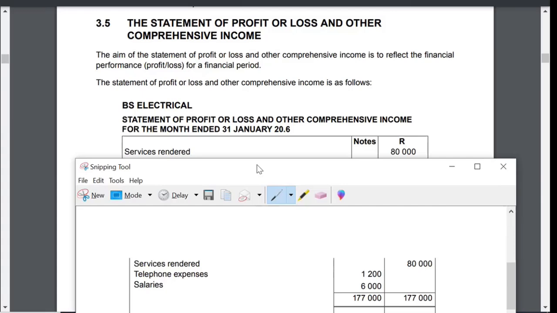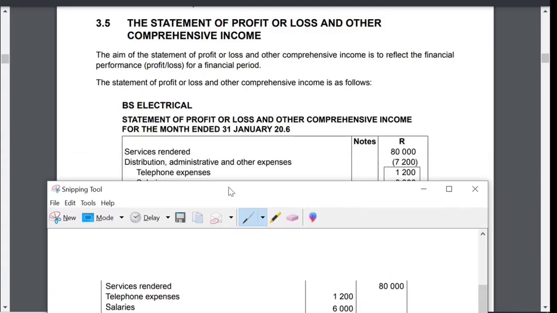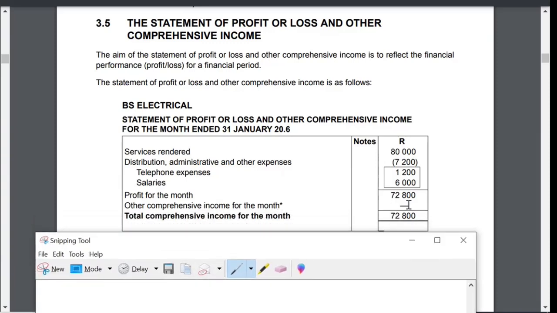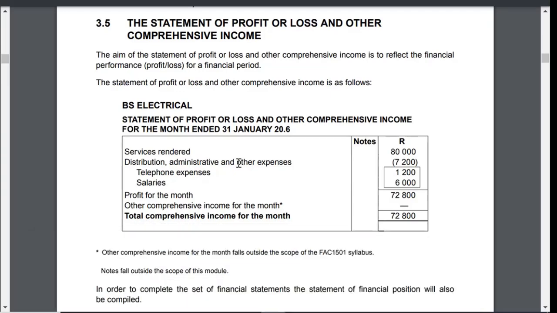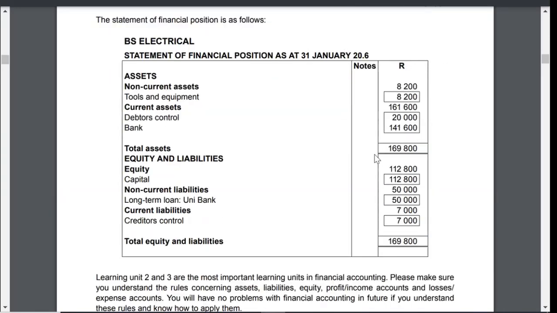So service rendered, can you see? This comes from the trial balance. The expenses come from the trial balance. At the end, it will give you a profit of 72,800. And then now, this is the statement of financial position.